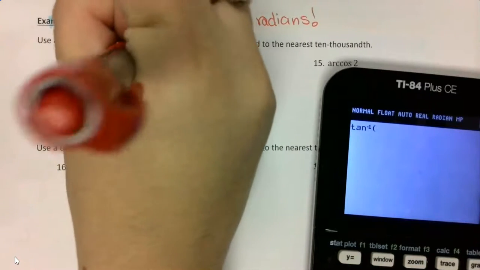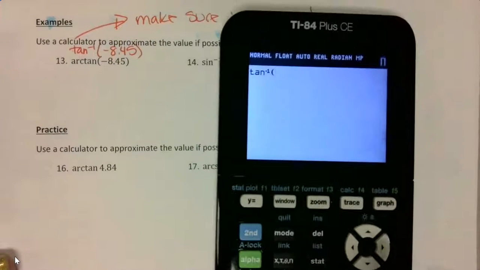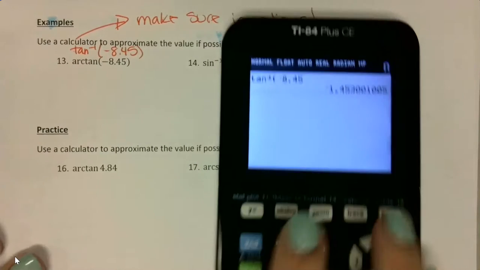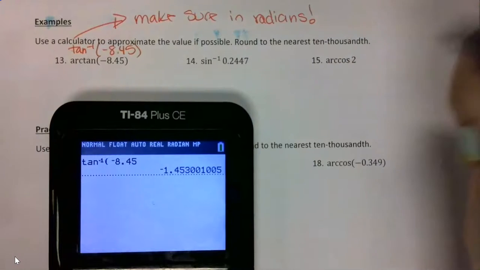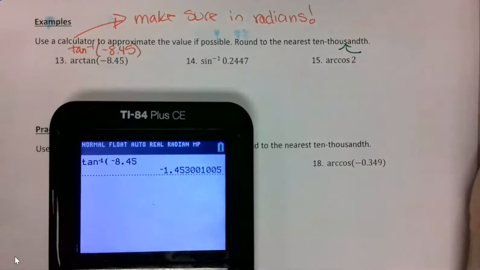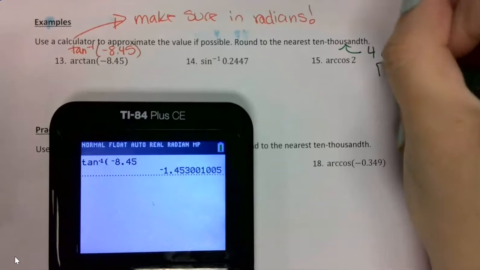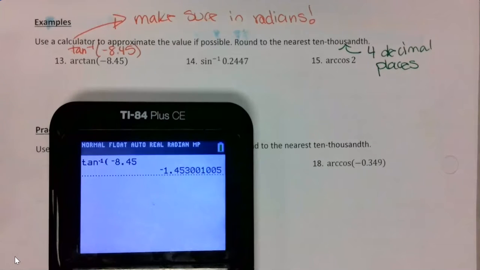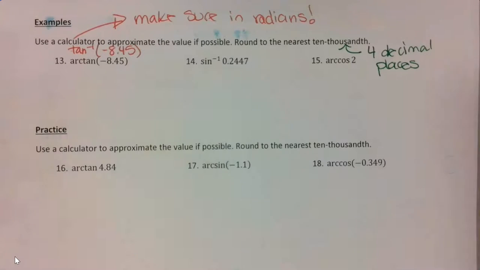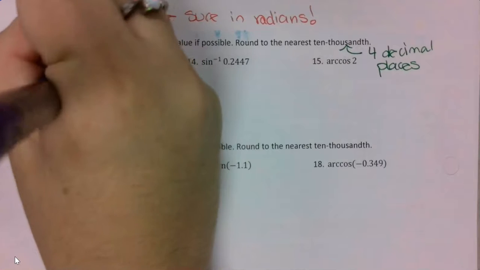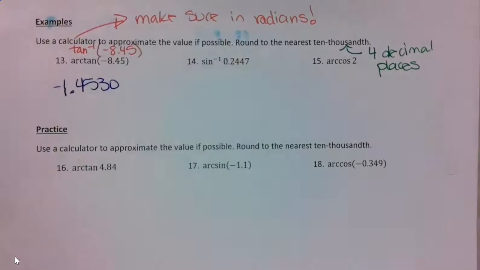And then I'm going to type in the negative 8.45. Which gets me this. It wants me to round to the nearest 10,000th. How many decimal places is that? So my answer for number 13 is going to be negative 1.4530. And that's it. I'm done with number 13.